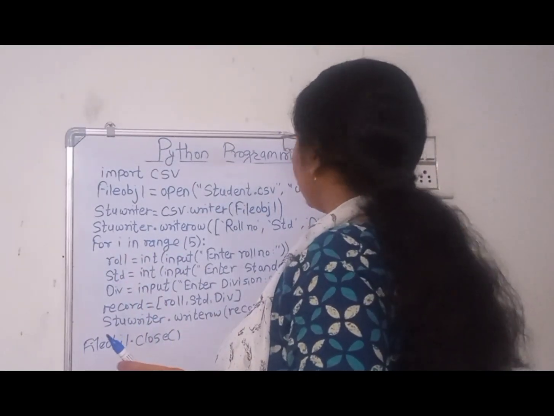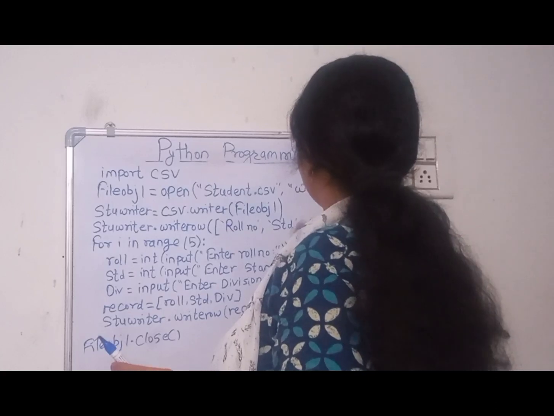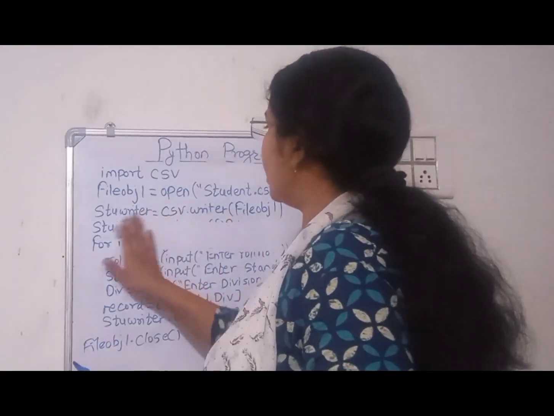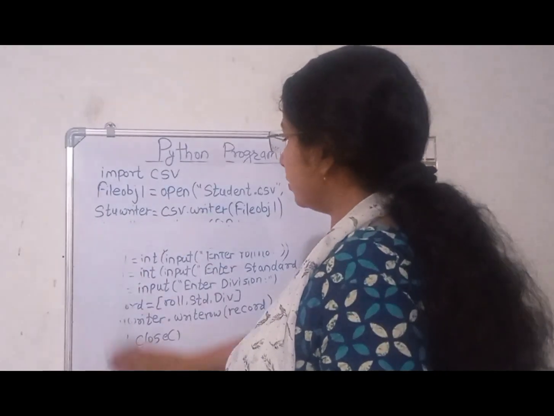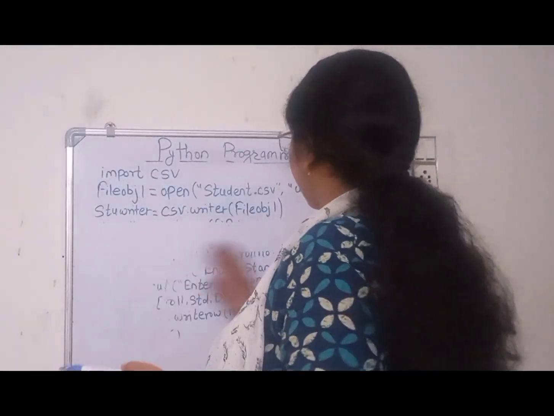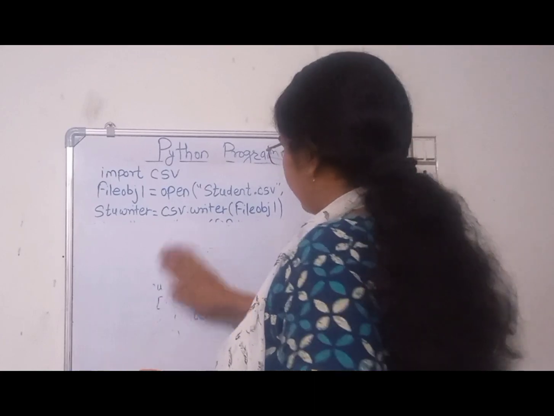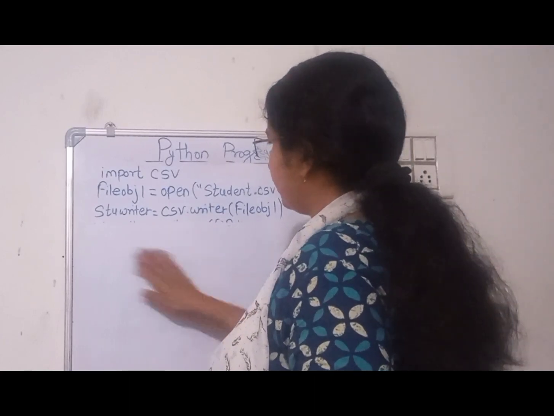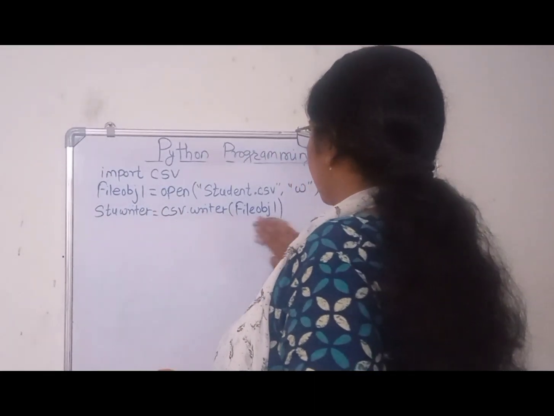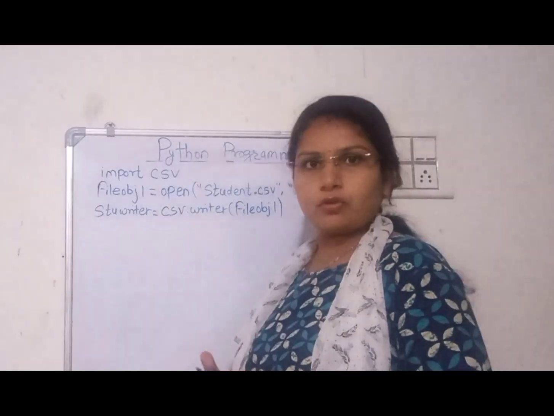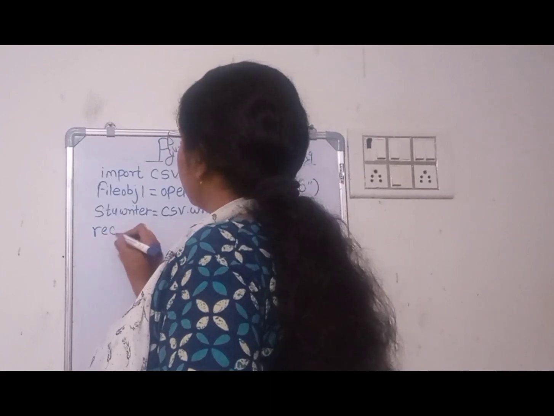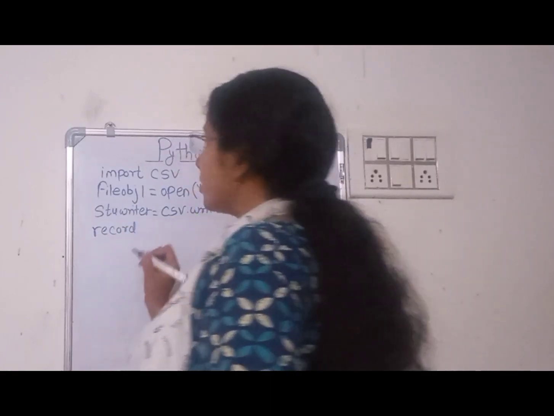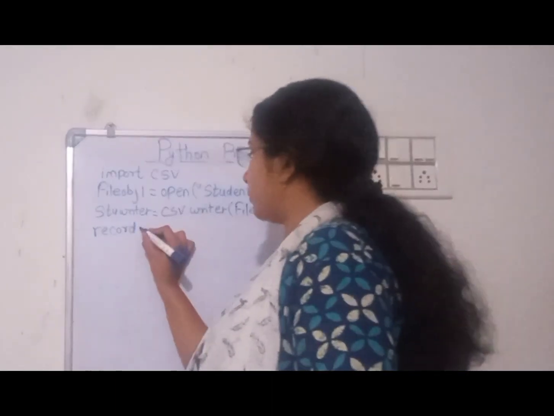So what we will do is create one data object, just like we have done here, as a record. This will be the same because you need the writer object for that. Here I am creating one data object which is record, which is your list.